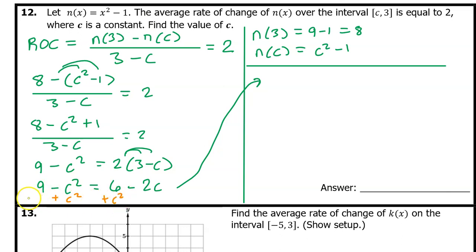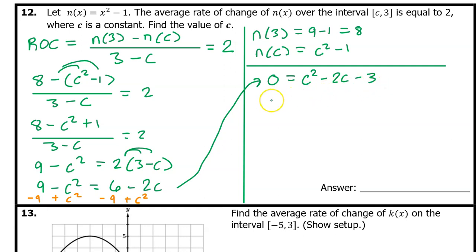And to move the 9 as well, I am going to subtract 9 from both sides. So that's going to give me 0 equals some stuff. I added the c squared, so I'll put that in the front: c squared. The minus 2c has no like term, so I'll put the minus 2c next, unchanged. And then we have the 6 minus 9, which is negative 3.